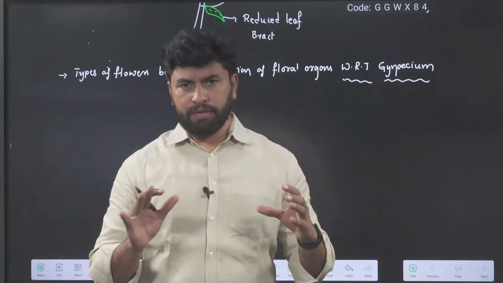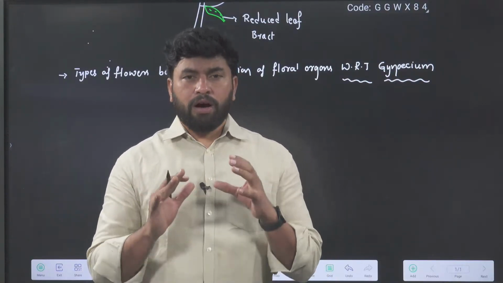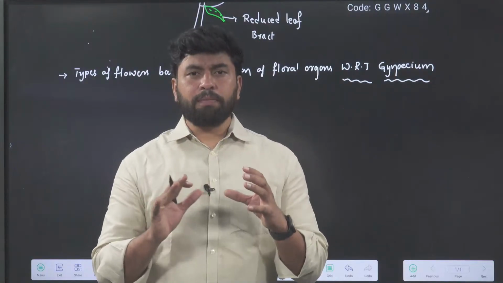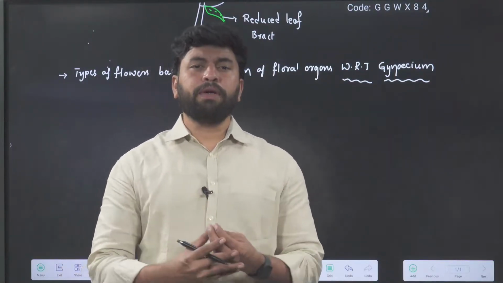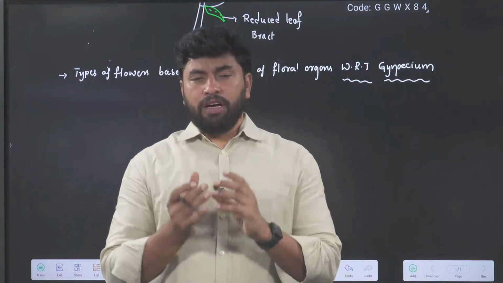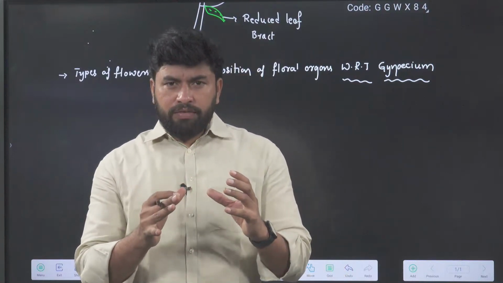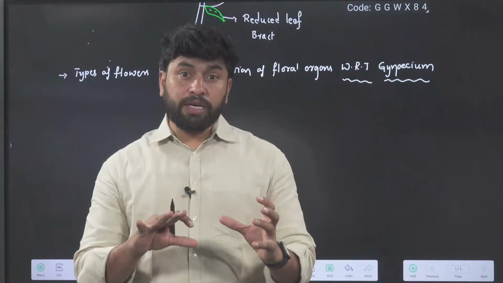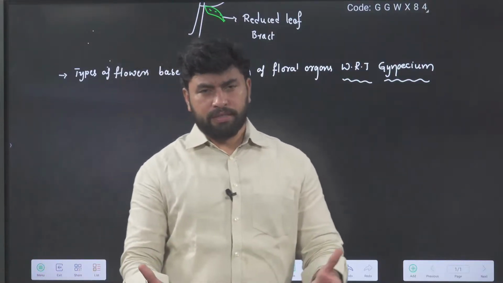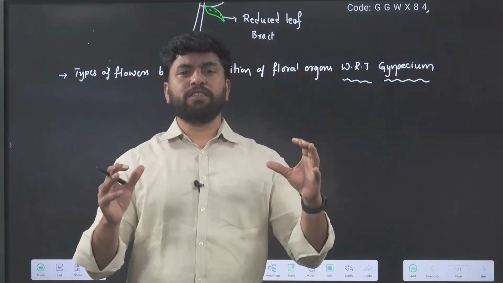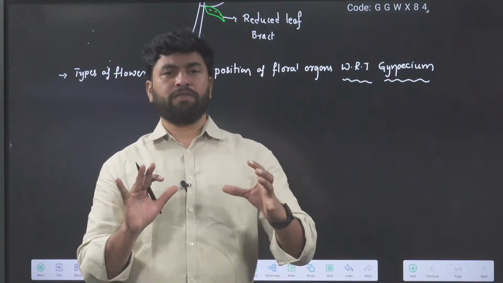Is it clear? That's why the flower has a part called the thalamus, on which the floral organs develop. All the floral organs develop with respect to the gynoecium. Why do they have to provide that much space? Already I mentioned, this is the most important part of a flower.